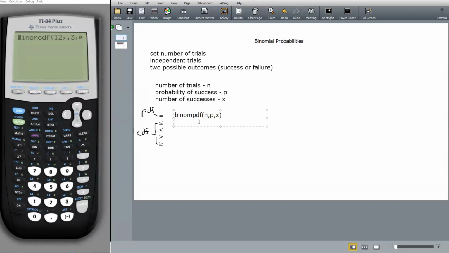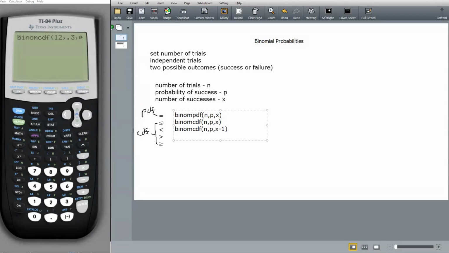For less than or equal to, it should say binomial CDF parentheses n, comma, p, comma, x. For less than, it should say binomial CDF parentheses n, comma, p, comma, x minus 1, because I am not including x in the probability that I am calculating.